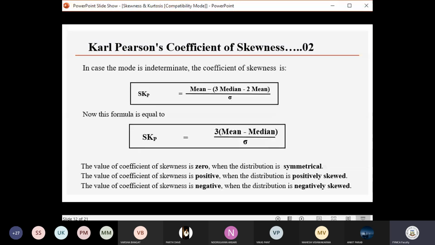When it is positive, it is positively skewed, and if it is negative, negatively skewed. Based on the values, like the sign and 0 value, if it is plus 3 or minus 3, you can say that it is more positively skewed or more negatively skewed. That's it.